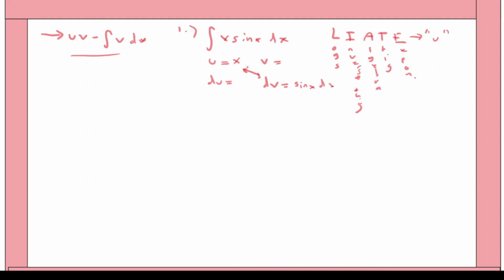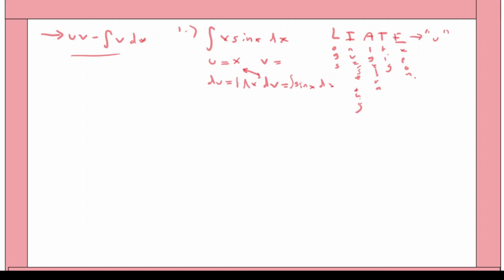After we do that, we have to get du and v, and we do that with our integrals and derivatives. To go from u to du, we take a derivative. x's derivative is 1, which we know, and it becomes 1 dx. And then to find v, we have to take the integral, so we can make a little integral here if it helps you remember, of whatever we picked as the dv to find v.